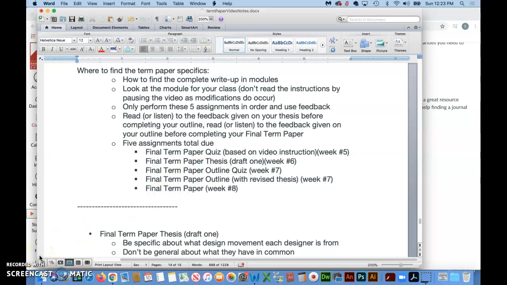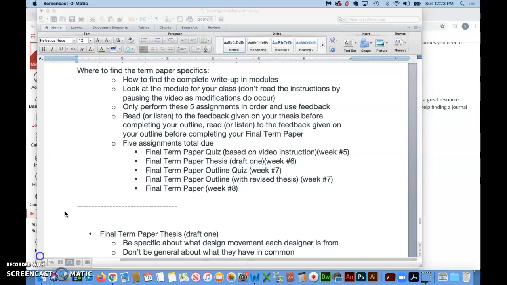But listen to that, take that feedback into account before you move on and do the outline, for example. Now, if you get maximum credit on any one part of it, then you may not get feedback because the grade was the feedback. Perfect grade means you nailed it.